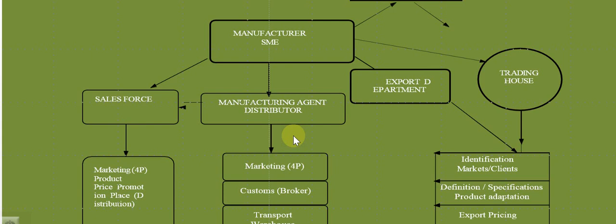Anyway, with the manufacturing agents and distributors, we also need an internal export department. So at least these organizations and structures should be in place to explore the foreign market.